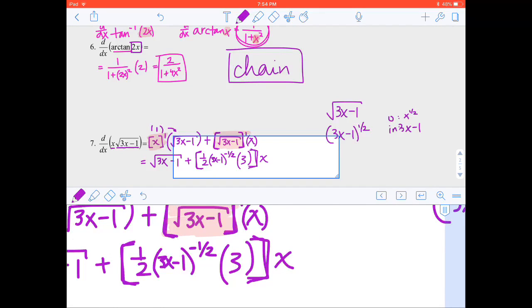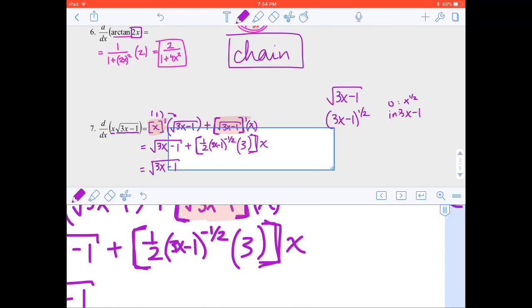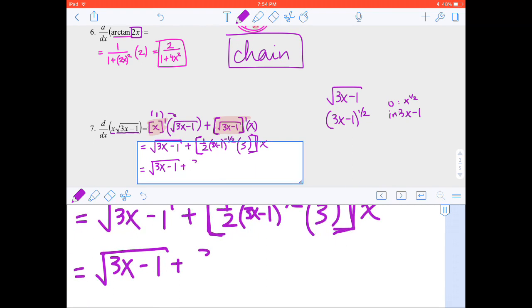From here, we're just going to simplify a little bit. This root 3x minus 1 has to stay in the front there. 3 times 1/2 is 3/2, times that x is going to be 3x over 2 times 3x minus 1 to the negative 1/2. Again, we have a negative exponent, so I can flip that.